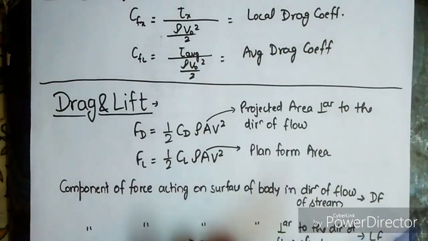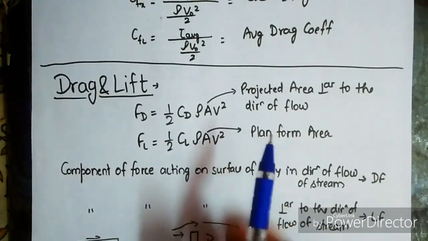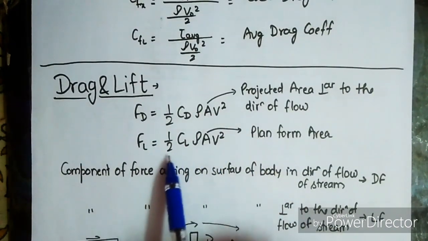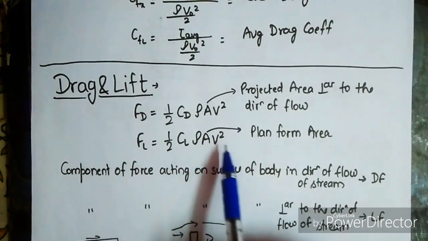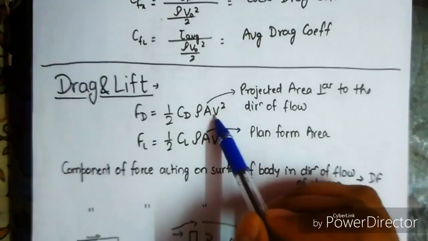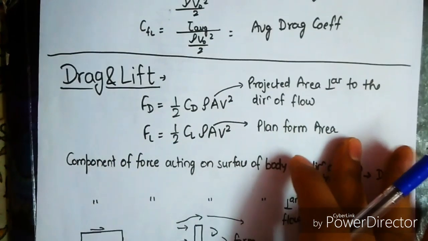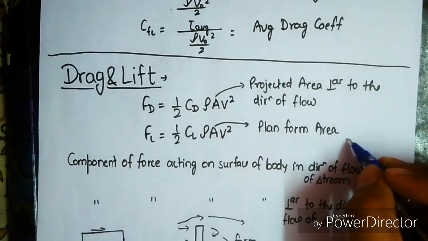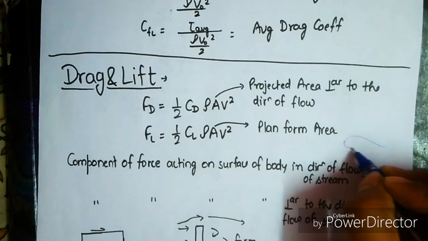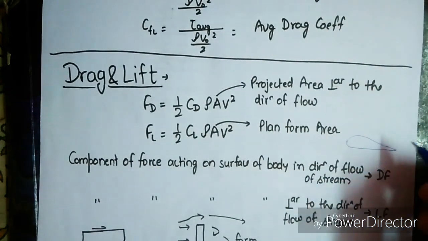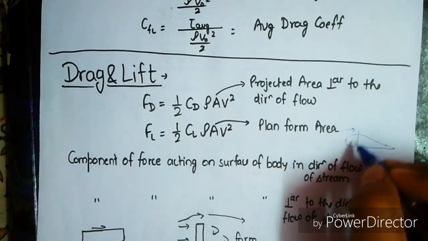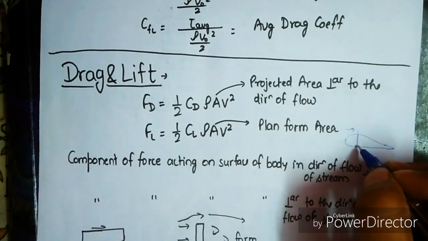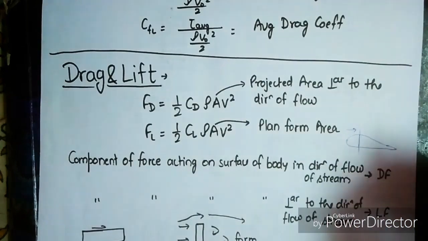Next topic is drag and lift. This is the formula of drag, half CD rho A V square, and this is the formula of lift, half CL rho A V square. Area is the projected area perpendicular to the direction of the flow. Like if we have a body in the flow, then the area seen from this direction, this cross sectional area, is the projected area perpendicular to the direction of the flow.